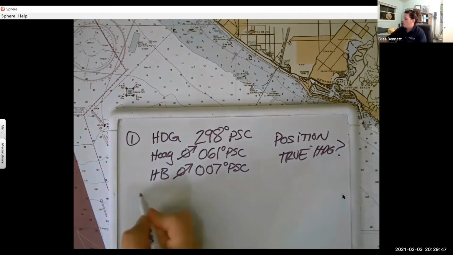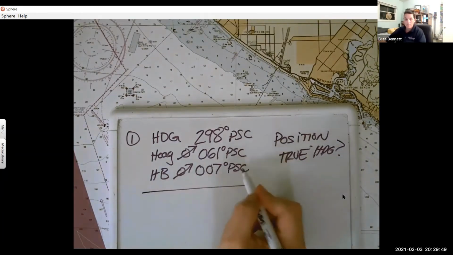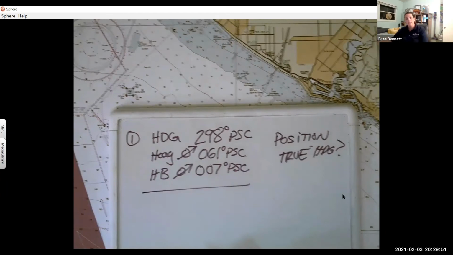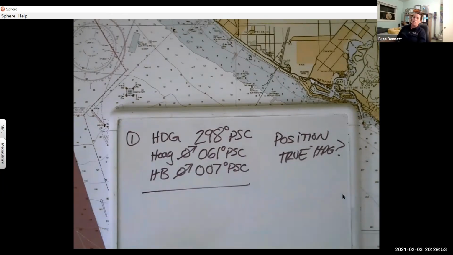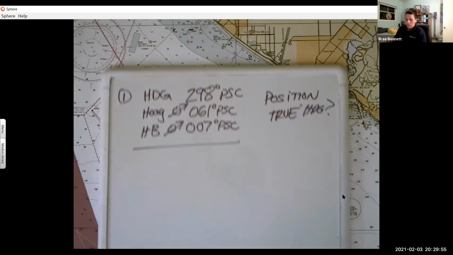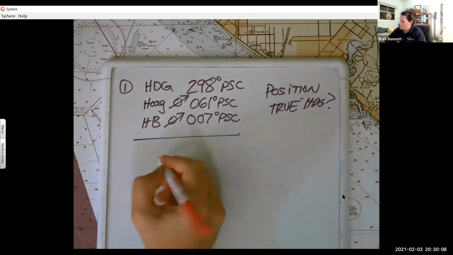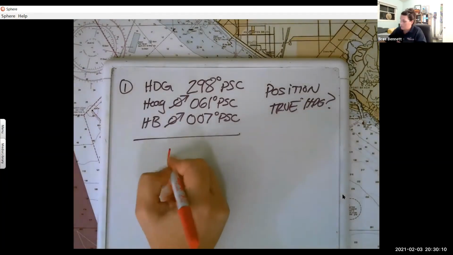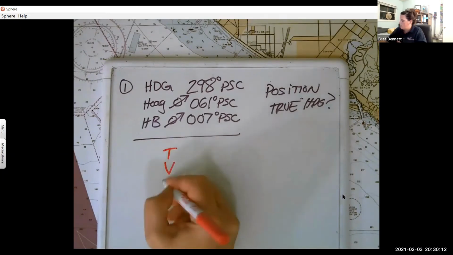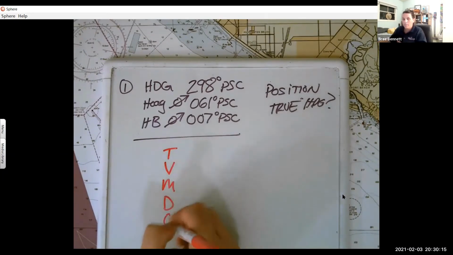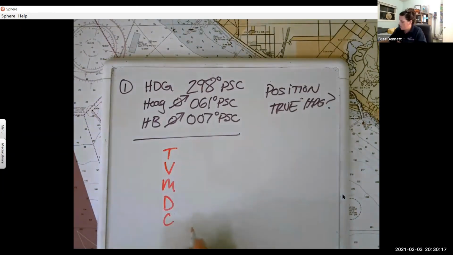So this is everything per compass, and I want to put this information on the chart, so I need to convert it all to true. So to convert it to true, I make my table. In this case, I'll just use TVMDC. I'm starting with compass.